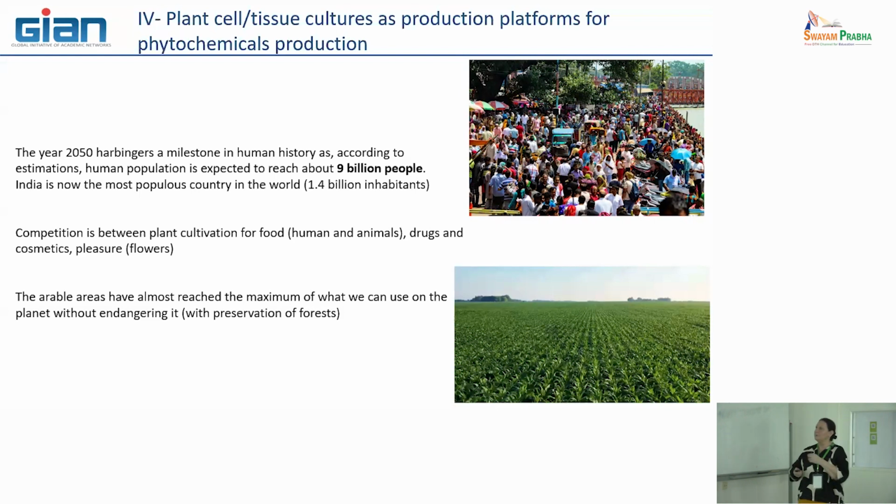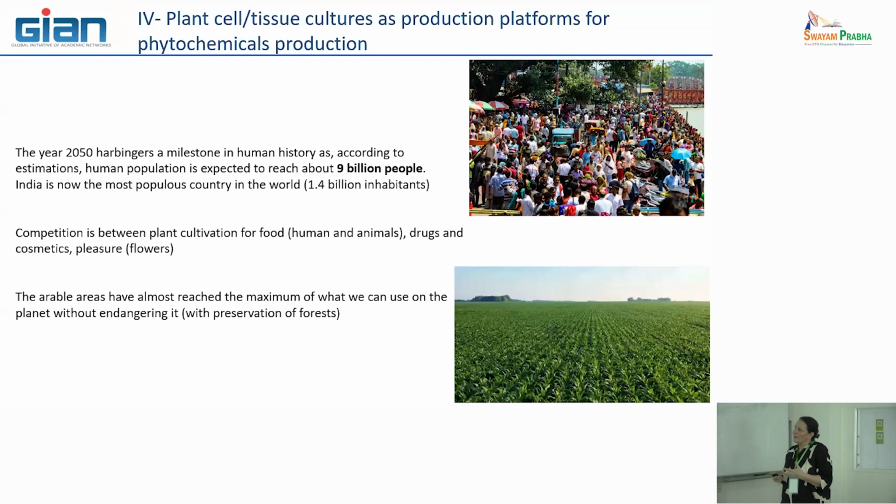We are completely concerned by the question of how we can produce enough plant biomass to sustain food, drugs, cosmetics, and also pleasure, because we want to buy flowers every time, okay?